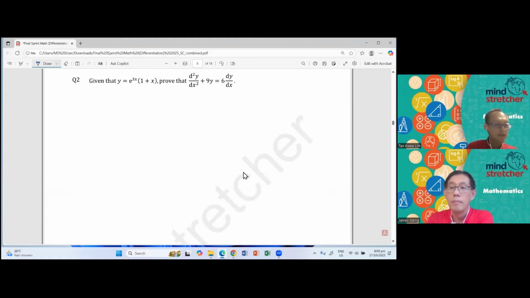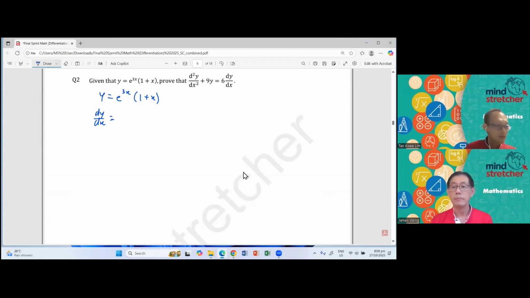First of all, we can try to differentiate this first. For y equals e to the power of 3x times (1 plus x), we can do dy over dx first.